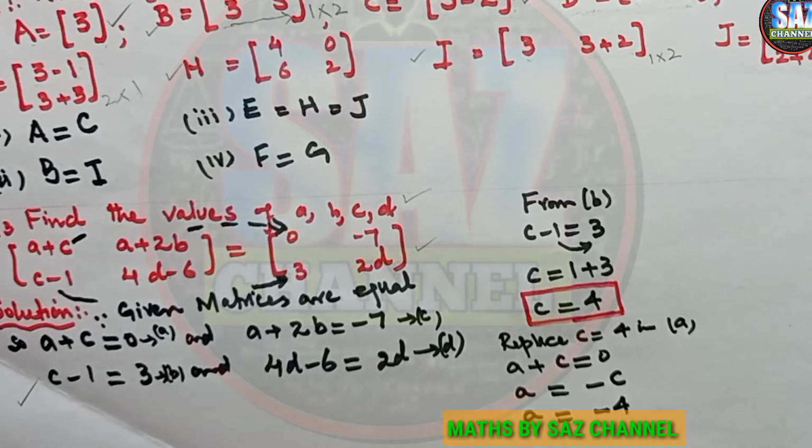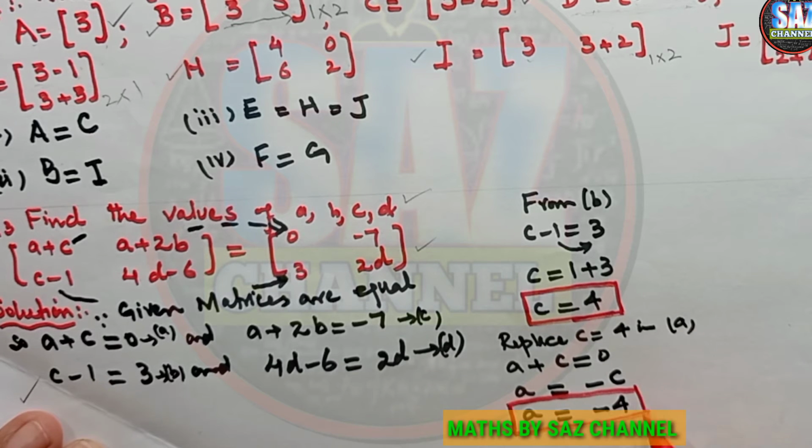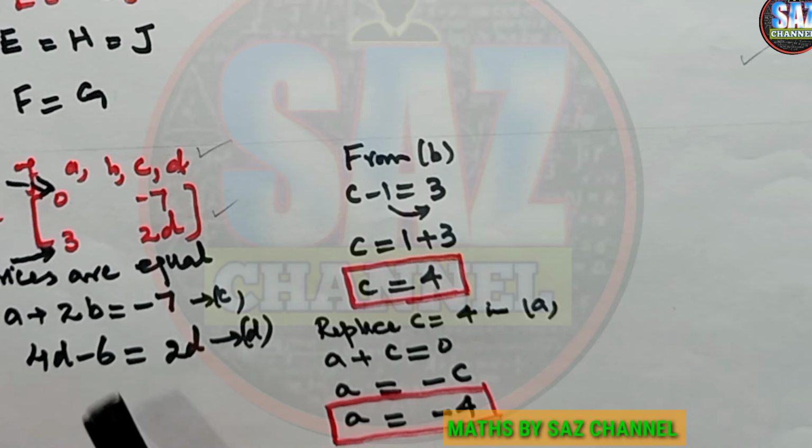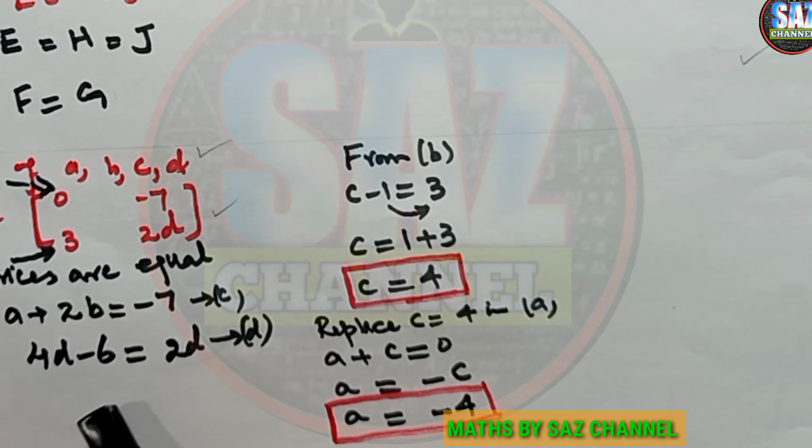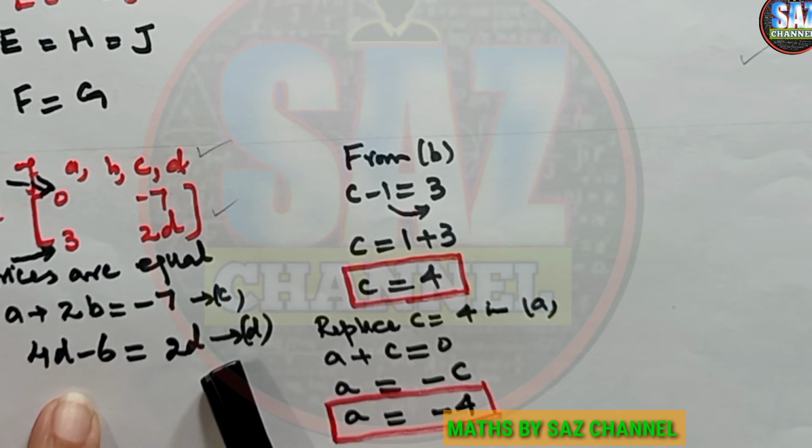I hope you are clear about how we are finding the values of A and C. And now if we look at our rest two equations, that A plus 2B equals minus 7 and 4D minus 6 equals 2D.